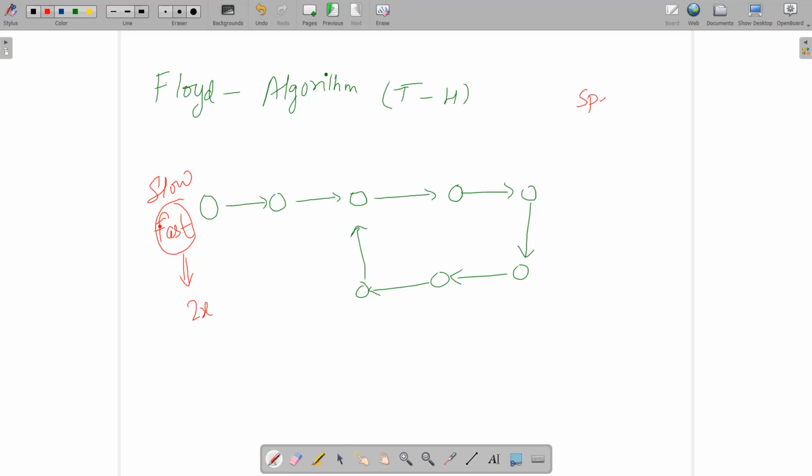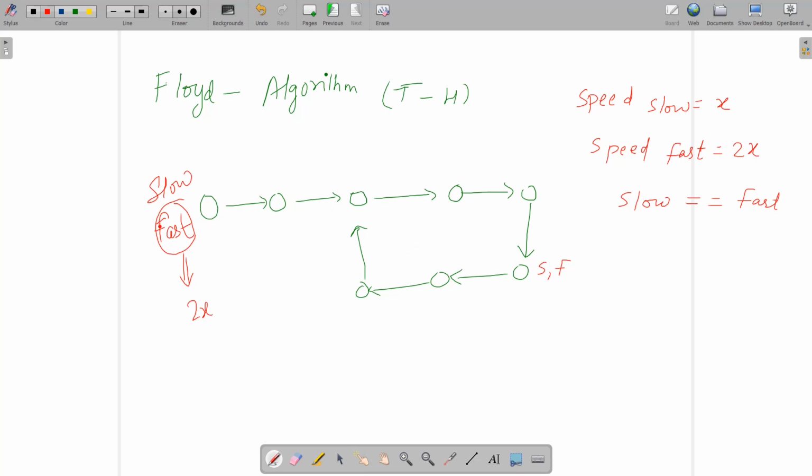That is, if the speed of slow is x, and the speed of fast pointer is 2x, and if there is a cycle present in this linked list, then the slow pointer must meet the fast pointer at some place. Maybe slow and fast meet over here, maybe over here. It will meet at any place in this cycle if there exists a cycle in this linked list.